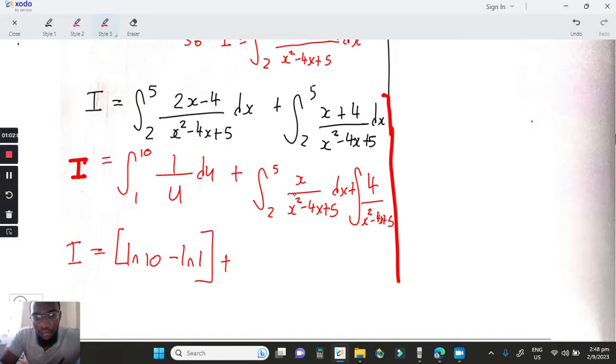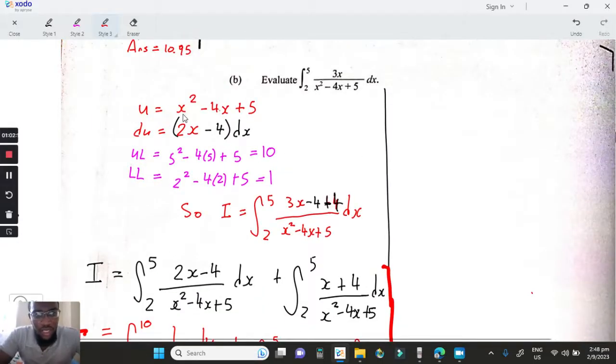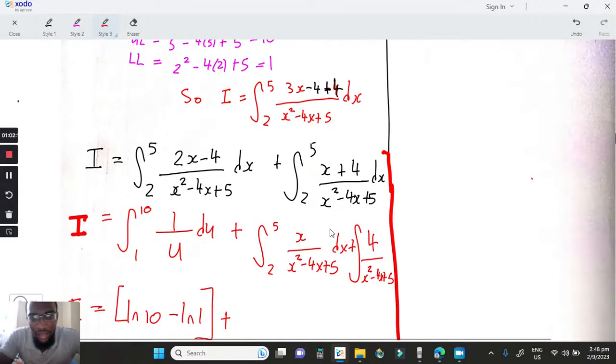Let's see. Now we're integrating x over x squared minus 4x plus 5. What's the technique? Let me see if the substitution can be upheld here. x squared minus 4x plus 5, if we put that as u, du is 2x minus 4.